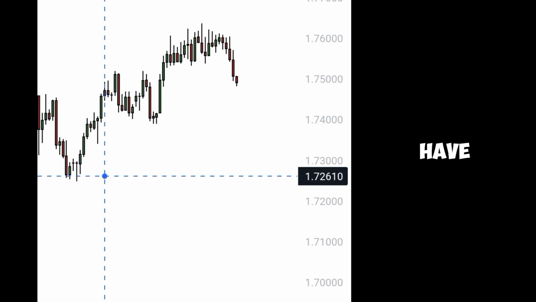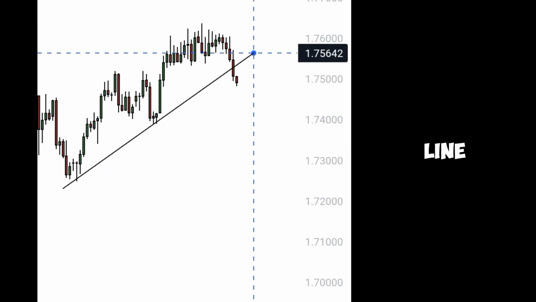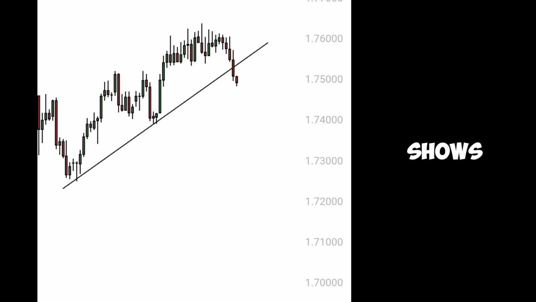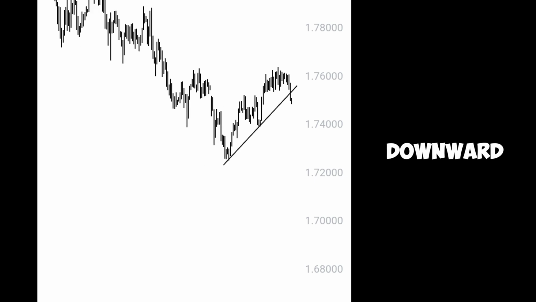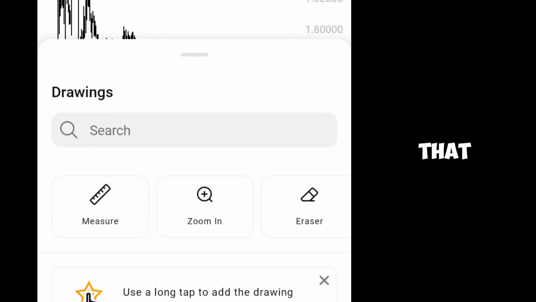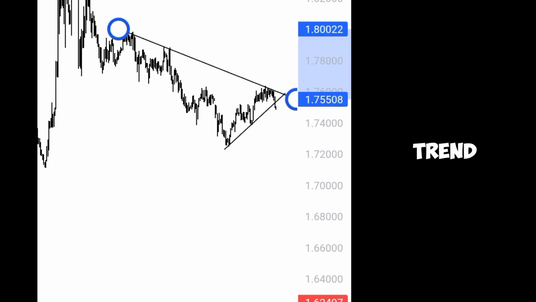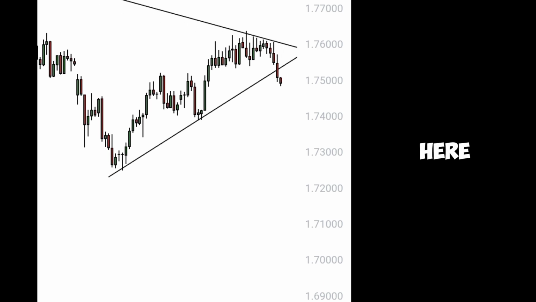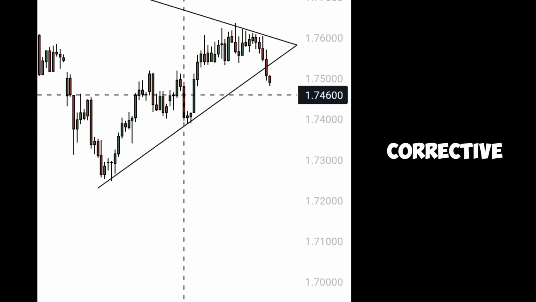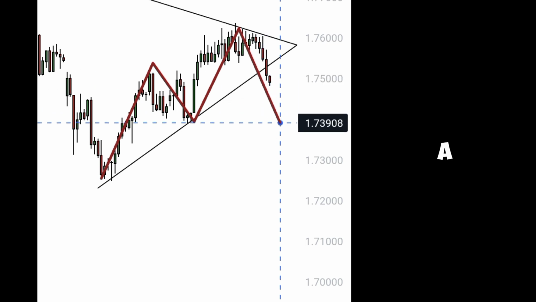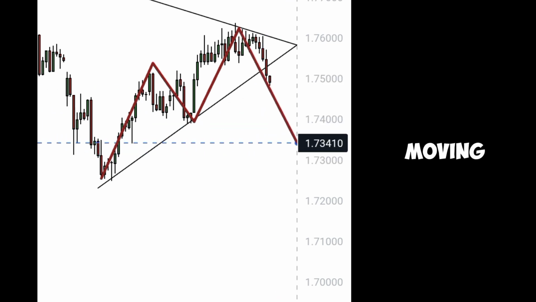For the meantime, we have a trend line that shows that we are still going up, but this up movement is a corrective movement. The overall trend is downward, and this is the main trend. This here is only a corrective trend, so there's a tendency for us to keep on moving to the downside.